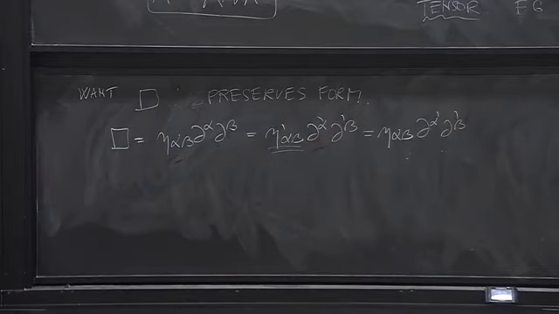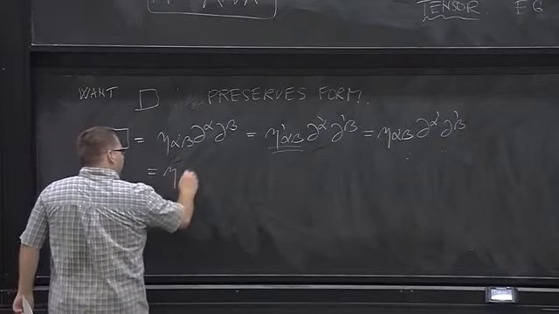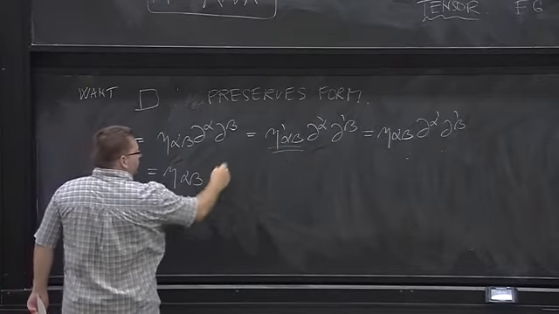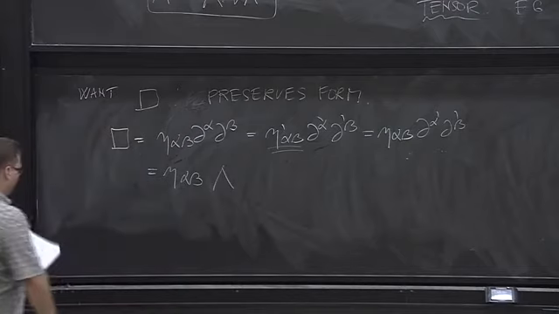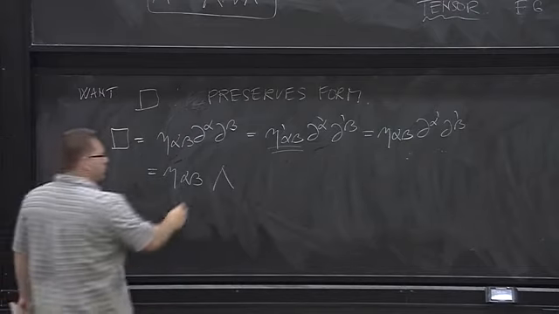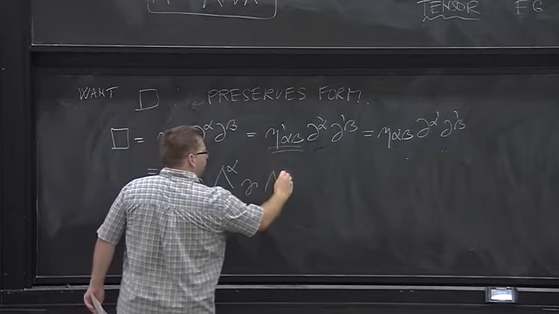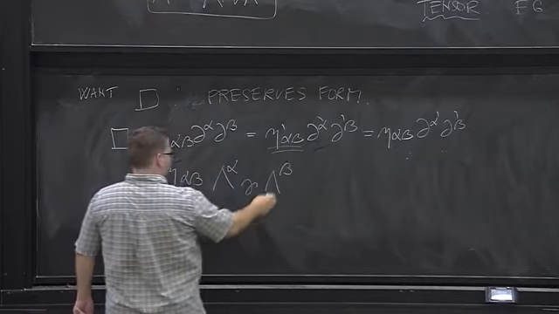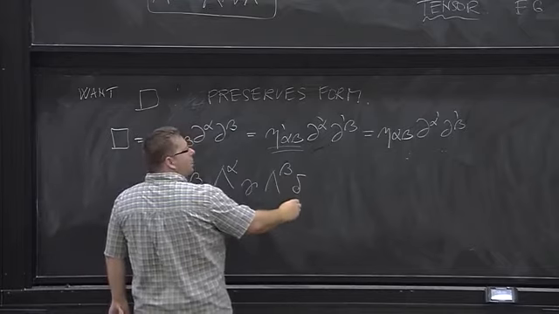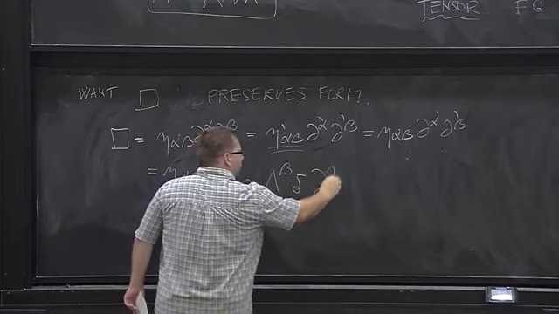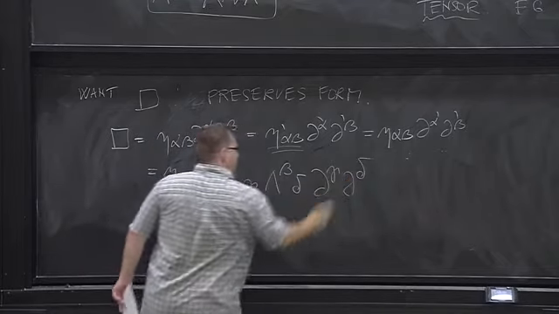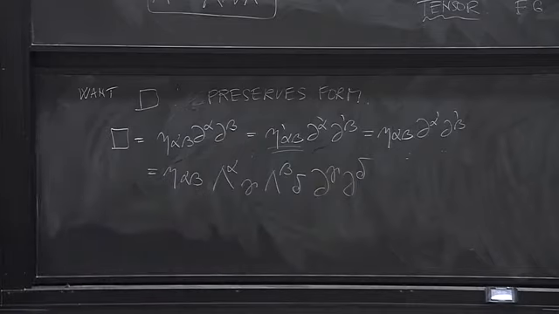But I know how the partial derivatives with lower index transform. So this is eta alpha beta, and they transform according to the standard lambda transformation: lambda alpha gamma lambda beta delta, d gamma d delta. Okay, that was really stupid.